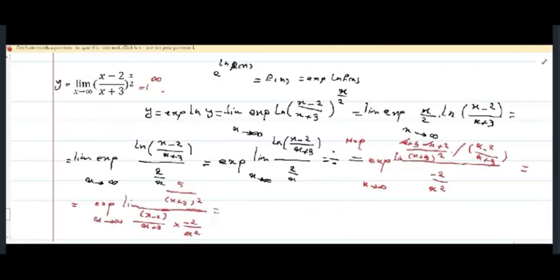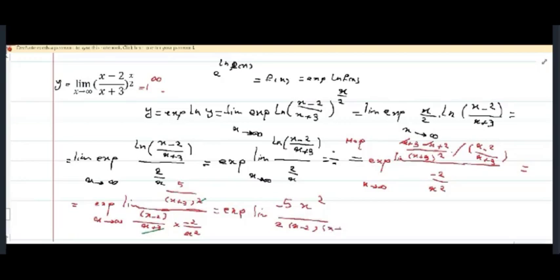The limit is taken when x approaches infinity, and after simplification x^2 comes off, and we delete x plus 3 in both denominators, so we will have the exponential of minus 5x^2 over 2 times (x minus 2) times (x plus 3).